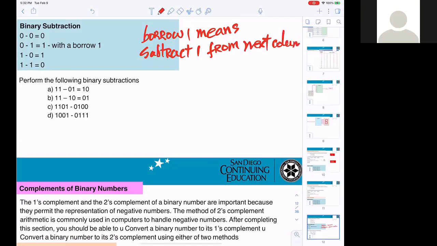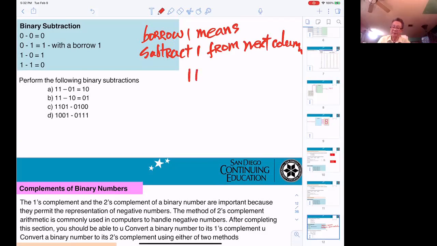If the next column is 0, then what? I don't know. Now, why do we say 1, 1 minus 0, 1. 1 minus 1, you get 0. 1 minus 0, you get 1. Okay?